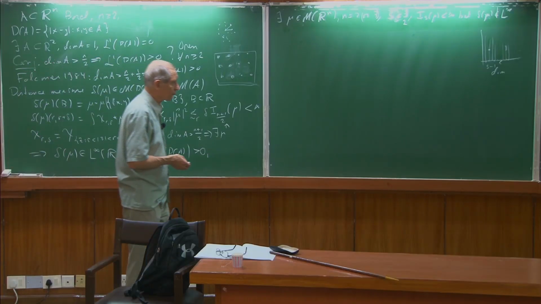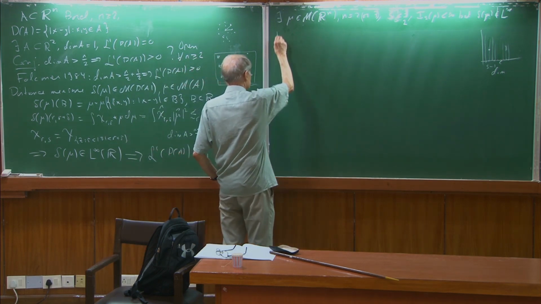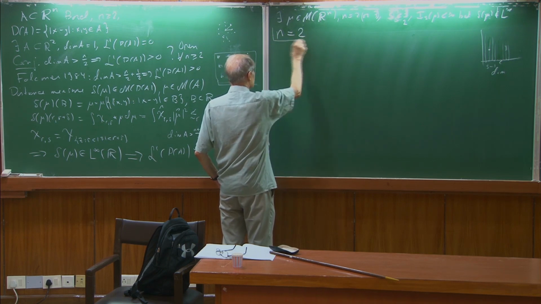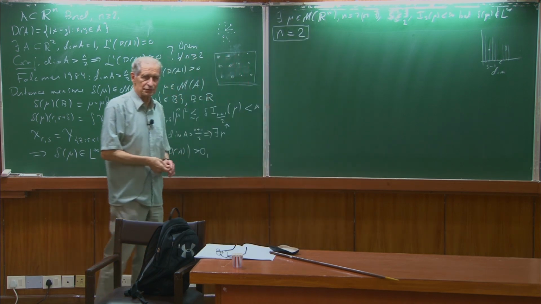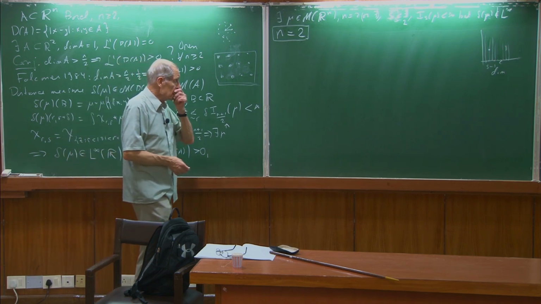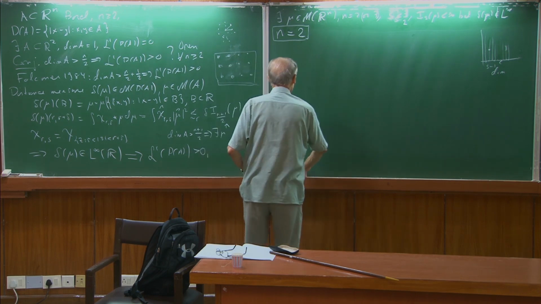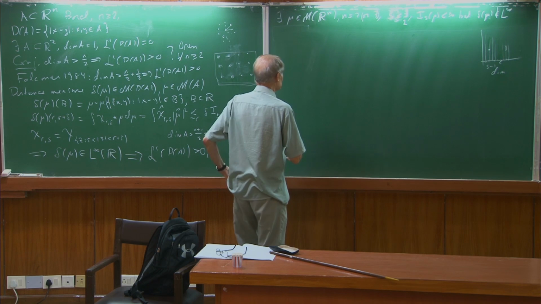But so now I assume that n equals 2. And I will probably say something about the higher dimensional results at the end. Or maybe it's better that I still use general n.